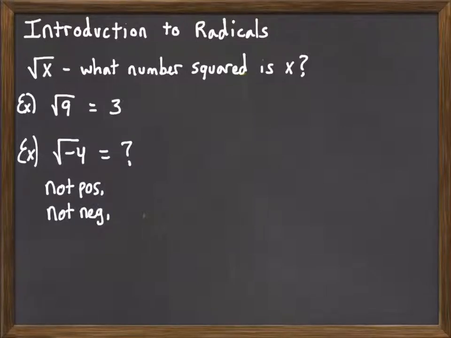Because if I took a negative number times itself, two negatives make a positive when we multiply. So if it can't be positive, it can't be negative, what's left? Well, the only thing left in our world of numbers as we currently understand them is 0, but 0 times 0 is 0, not negative 4. So we've eliminated every possibility, and therefore we'd say it's not real. It's not a number as we currently understand numbers.